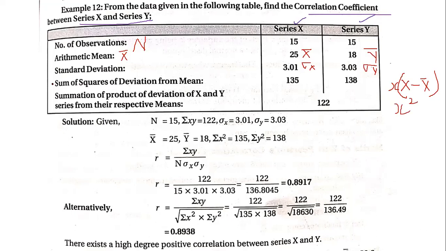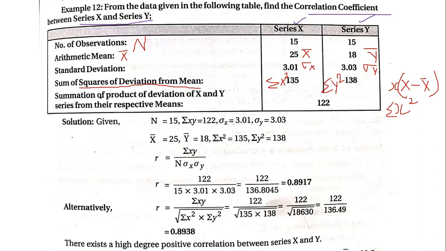So the square of deviations from mean: deviation from mean is x minus x bar, and the square of deviation is x square. Now the sum of this means summation x square.